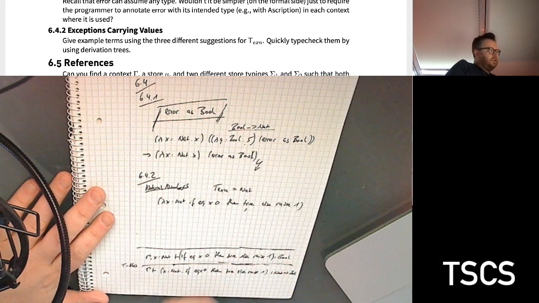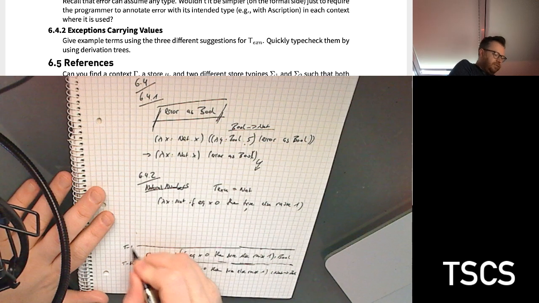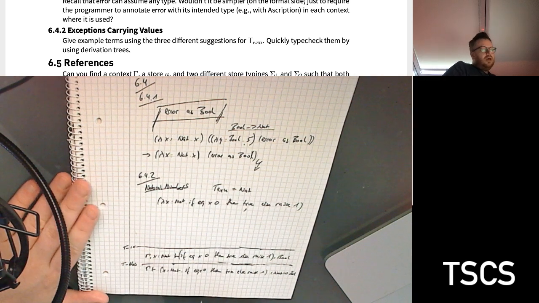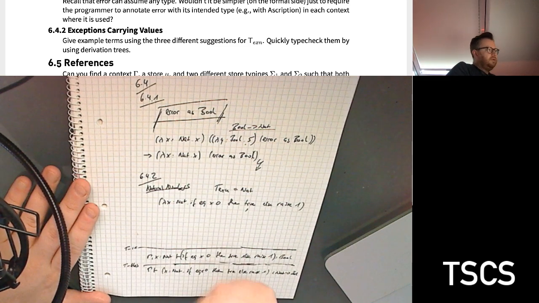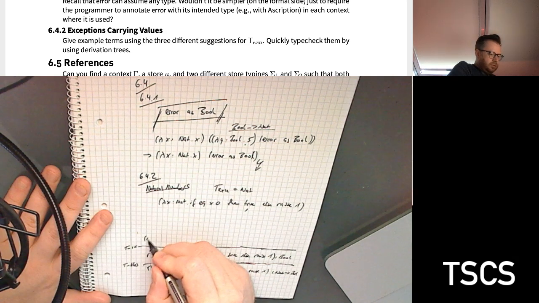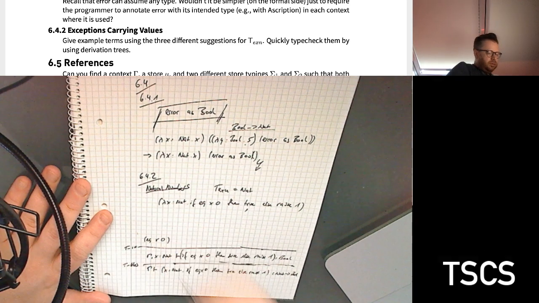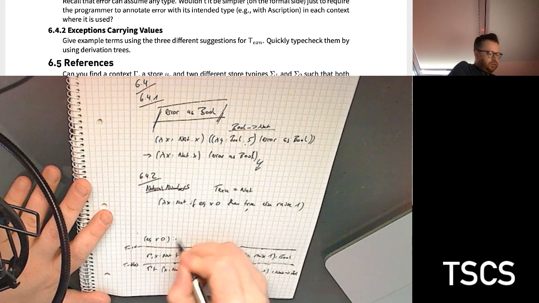And of course it's an if. You apply t-if. And if EQ x1, so the EQ x1 should be bool.